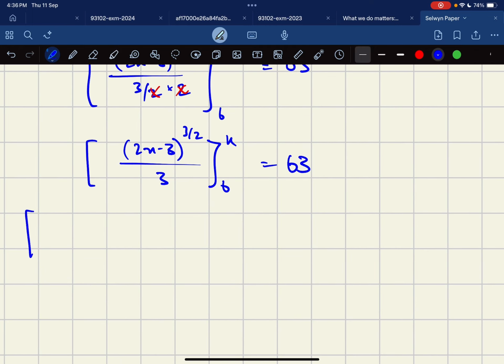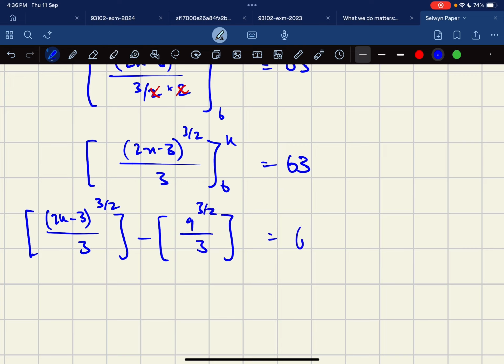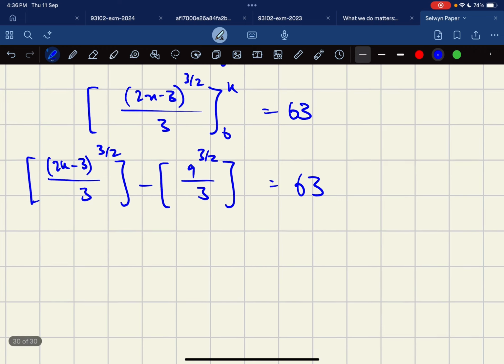So the first part is going to be 2k minus 3 to the power of 3/2 over 3, minus 2 times 6 is 12, minus 3, that's 9. So 9 to the power of 3/2 over 3 gives you 63. Let's see, 9 to the power of 3/2 and then divide that by 3 gives you just 9.